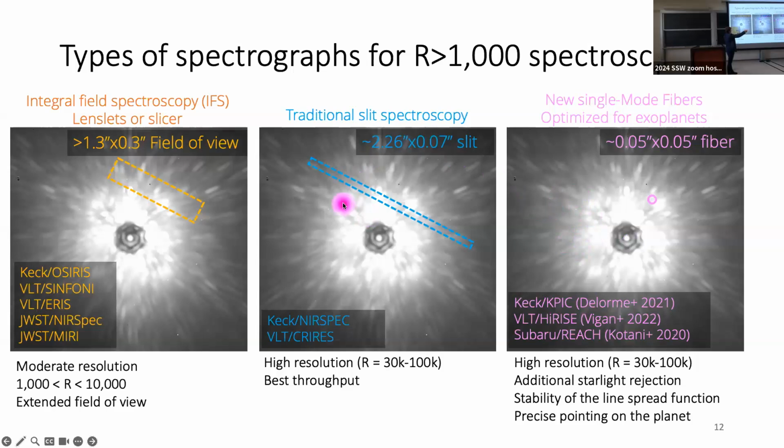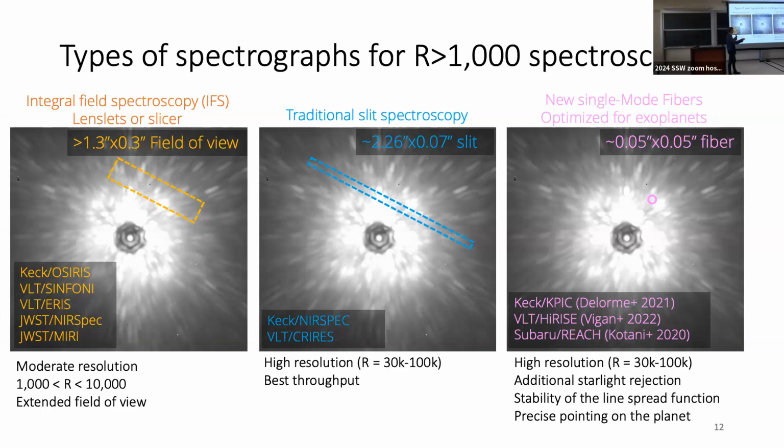One of the downsides of the slit is the throughput. You're going to get a lot of light from the planet, but you're also going to get a lot of starlight because there's no filtering. The single mode fiber is a fiber that you need to place exactly at the position of the planet. The advantage is that only light that looks like a point spread function, a Gaussian-like spatial profile, is going to enter the fiber, but speckles that don't look exactly like that will not enter the fiber.